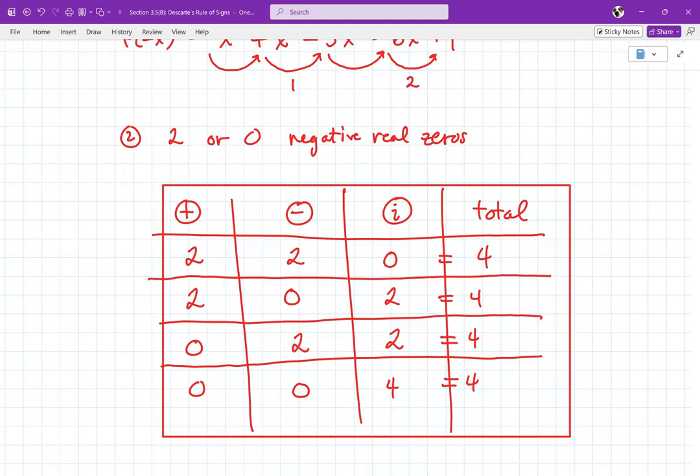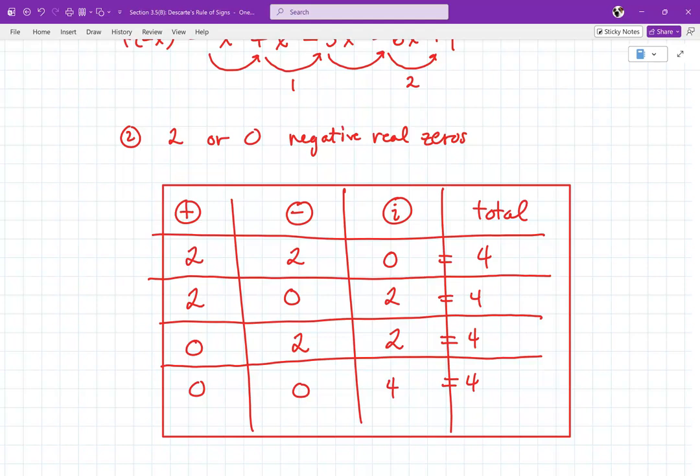Okay, 2 or none. So I started off with, what if we had two positives? Then I said, what are my options for the negatives? Well, the negatives, I could either have two or none. So two positives, I was going to stick with the two positives, but either two negatives or no negatives. If I did two negatives with two positives, that equals 4 already. So I can't have any imaginary, okay?